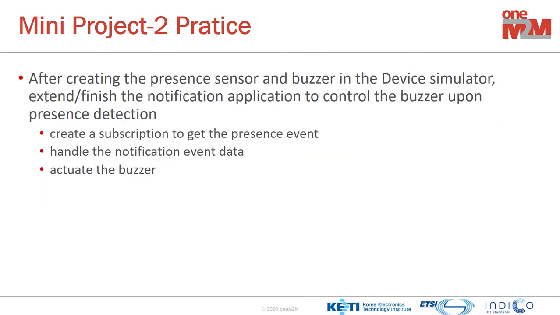So after this simple automation service practice, you can extend into different scenarios. For example, you can create a presence detection sensor and a buzzer. When the presence sensor measures that someone is entering the room, then the buzzer will be turned on, for example.